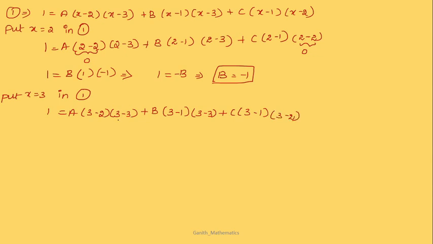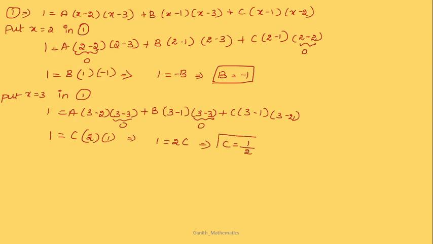Okay, so this 3 minus 3 gives you 0, this 3 minus 3 will be 0, and only the third term is here. So c into 3 minus 1 is 2, 3 minus 2 is 1, so it is 2c, right? So we have 1 is equal to 2c, which implies that c is equal to 1 by 2.